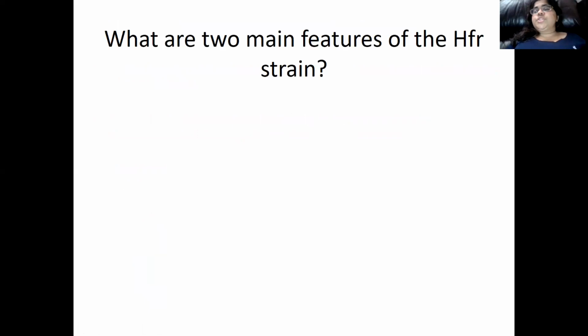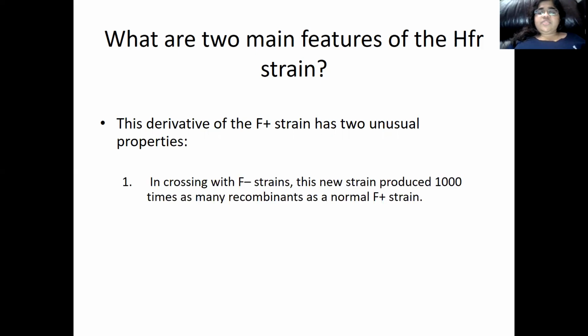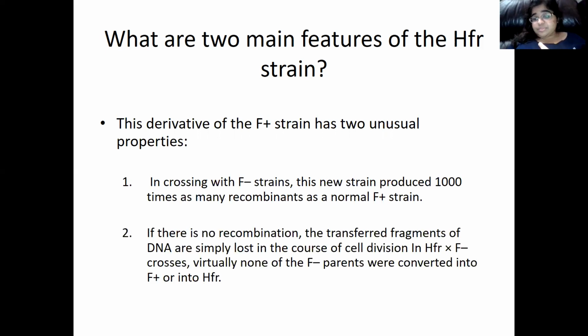So what are two main features of the HFR strain? The HFR strain allows the production of recombinants 100 times more than the normal F strain, and faster. And if there is no recombination, the fragments end up lost when cell division occurs.